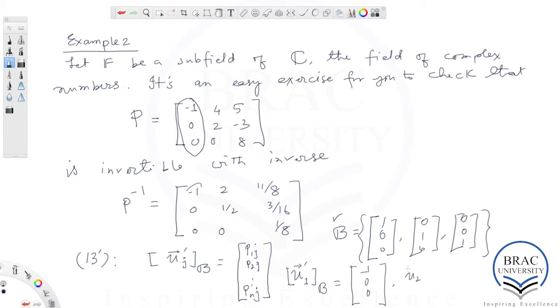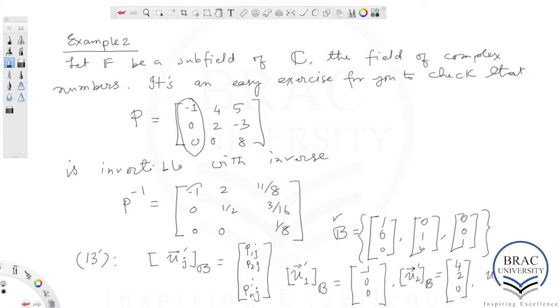Similarly, the coordinate matrix of the vector u2 prime relative to the standard basis B is the second column of P, which is 4 2 0.